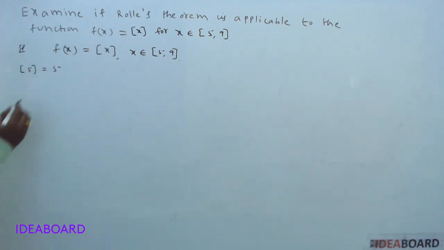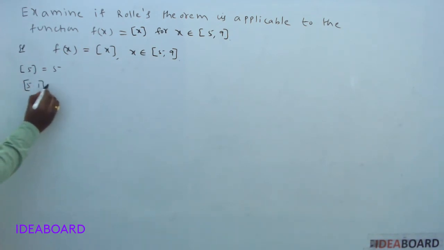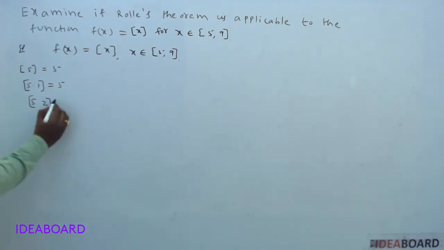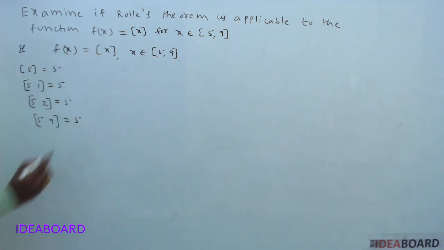Step of 5 is 5. Suppose you take 5.1, what is step of 5.1? It is also 5. If you take 5.2, what is step of 5.2? It is also 5. If you take 5.9, what is step of 5.9? It is also 5.